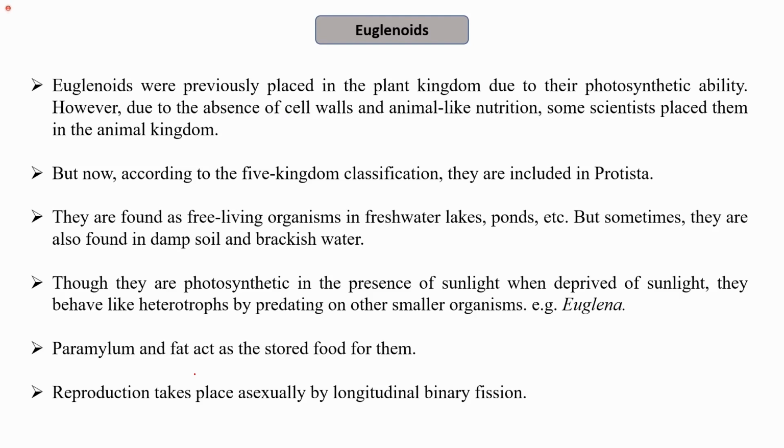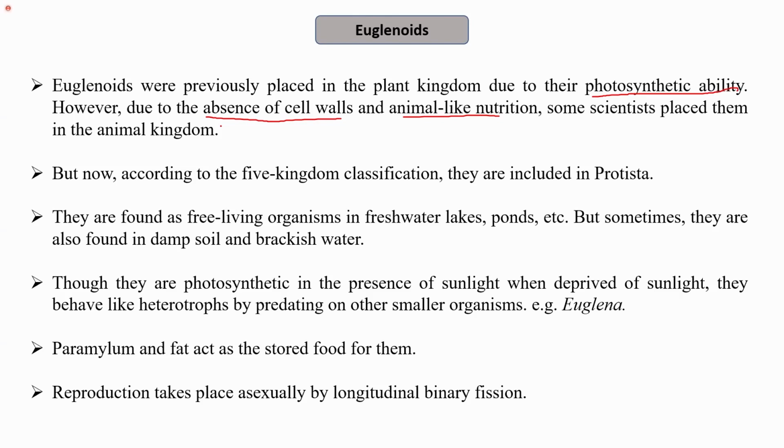In earlier times, euglenoids were placed in the plant kingdom due to their photosynthetic ability. However, due to the absence of cell walls and animal-like nutrition, some scientists placed them in the animal kingdom. So that is what I was mentioning: euglenoids are interesting in that they resemble both plants and animals in certain respects.